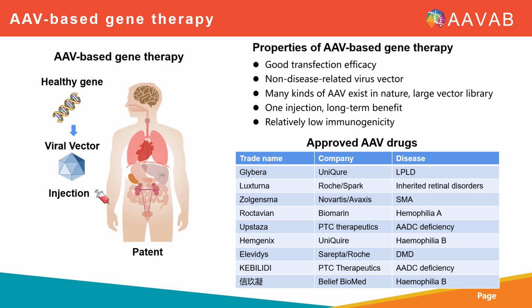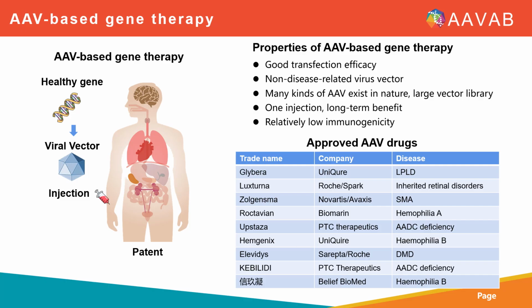And in nature, lots of AAVs exist, which provide a large pool for proper vector selection. The genome of AAV can form episomes for long-term expression of the therapeutic genes. The immunogenicity of AAV is relatively low compared to other vectors such as lipid nanoparticles or adenovirus.